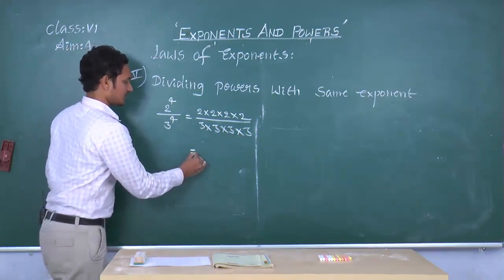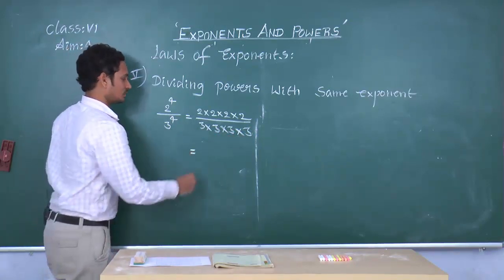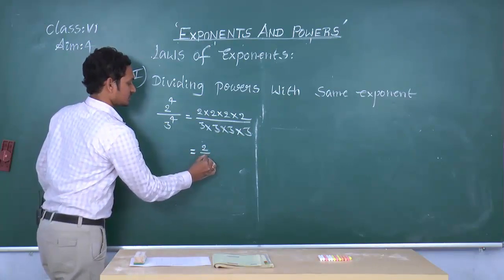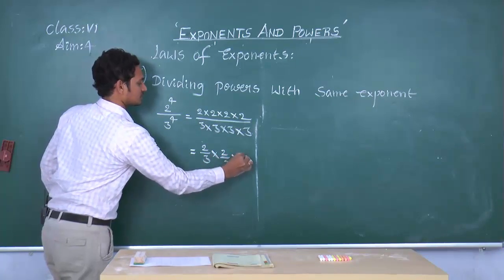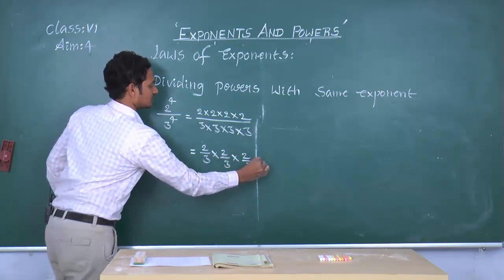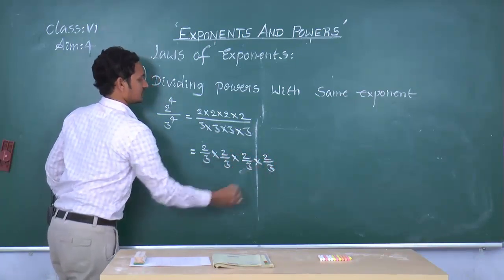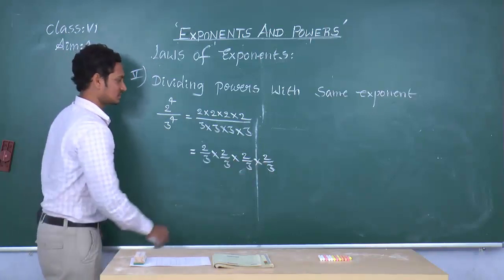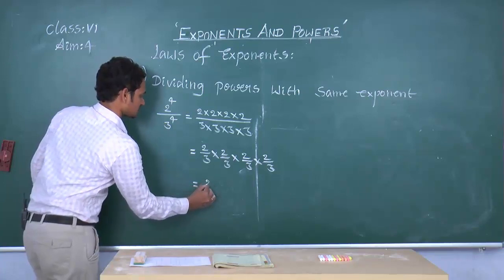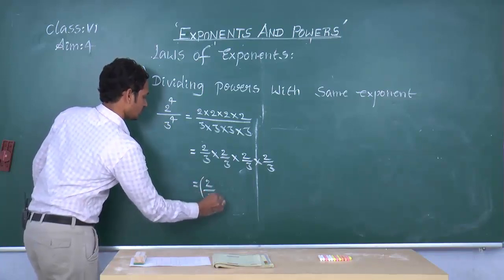Now, for our convenience, we can convert it into 2 by 3 into 2 by 3 into 2 by 3 into 2 by 3. Here 2 by 3 is multiplied by itself 4 times, so we can write it as 2 by 3 whole power 4.